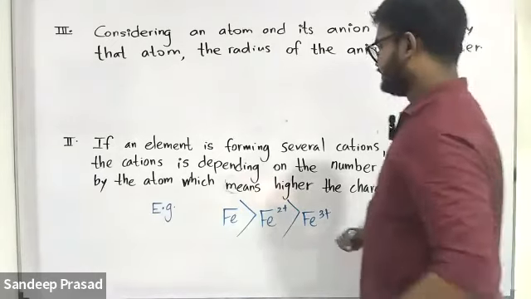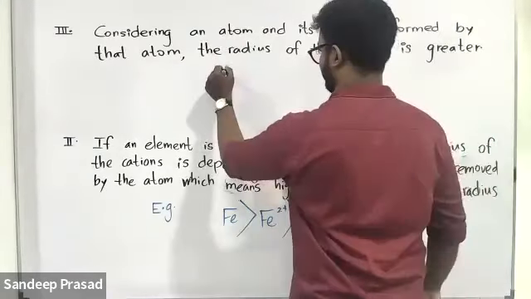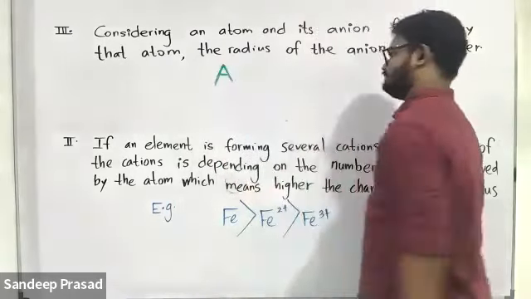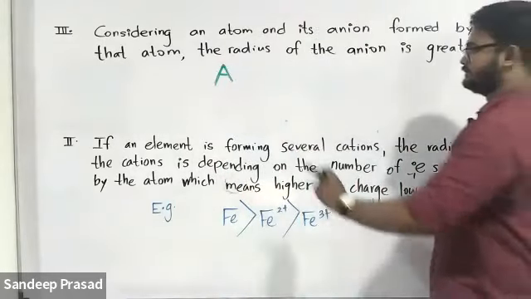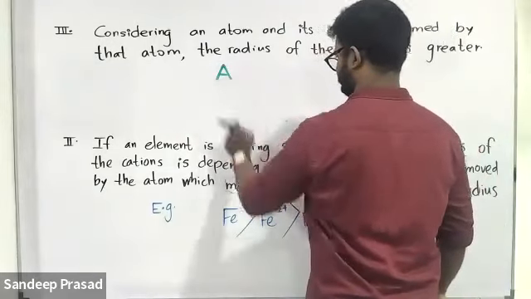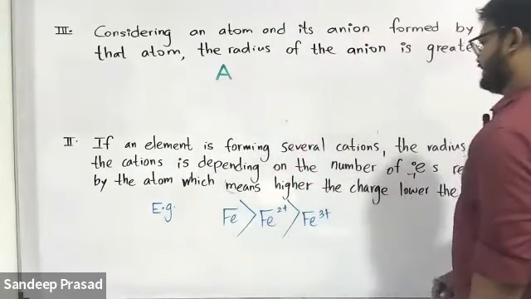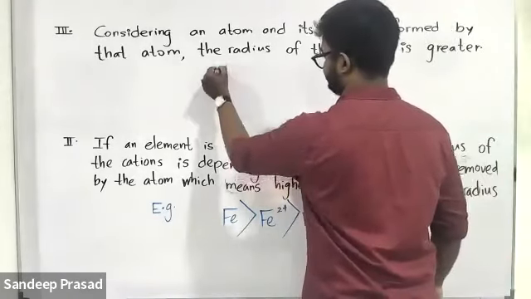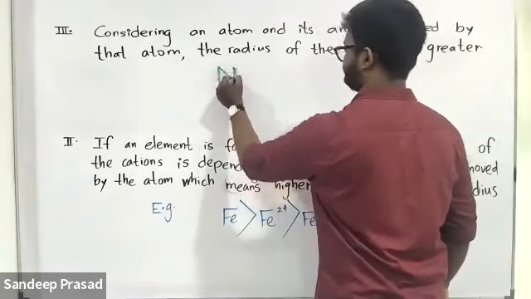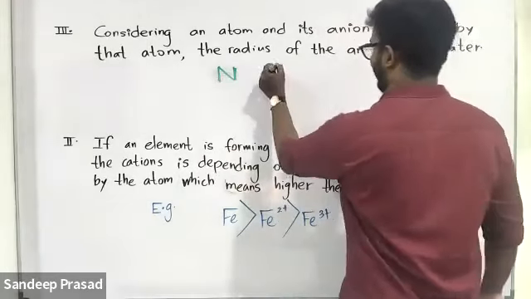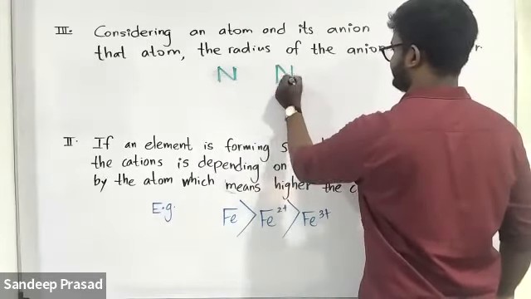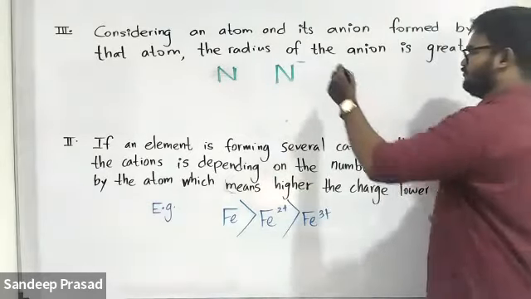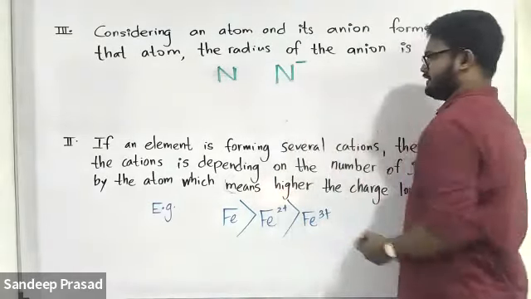Let's consider the element is capital N, and its anion is N minus. Now, logically, which one is greater?